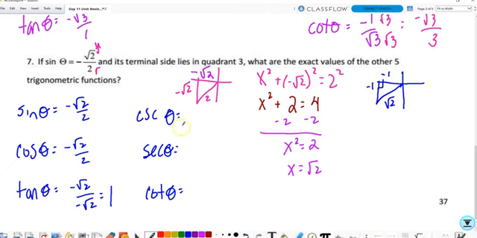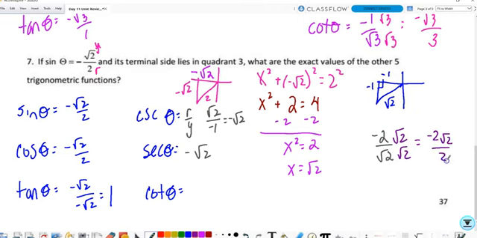So since cosecant is r over y, now I've got root 2 over negative 1, which is negative root 2. If you reciprocal here and rationalize the denominator, you get to the same location value of negative root 2. When I reciprocal 1, that's still 1. So you can pick your preference. If you want to rewrite the triangle or you want to reciprocal and rationalize, both ways work.